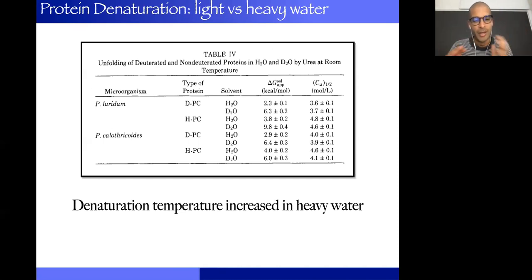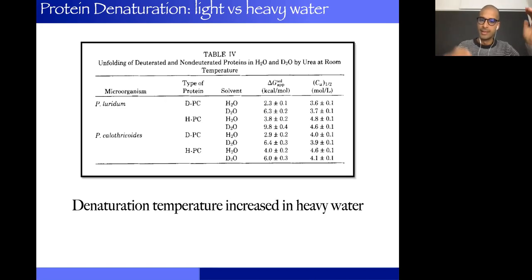So this is another example where what they do is they measure the unfolding temperature, the temperature at which a protein unfolds, and from that they can measure the free energy required to denature a protein.